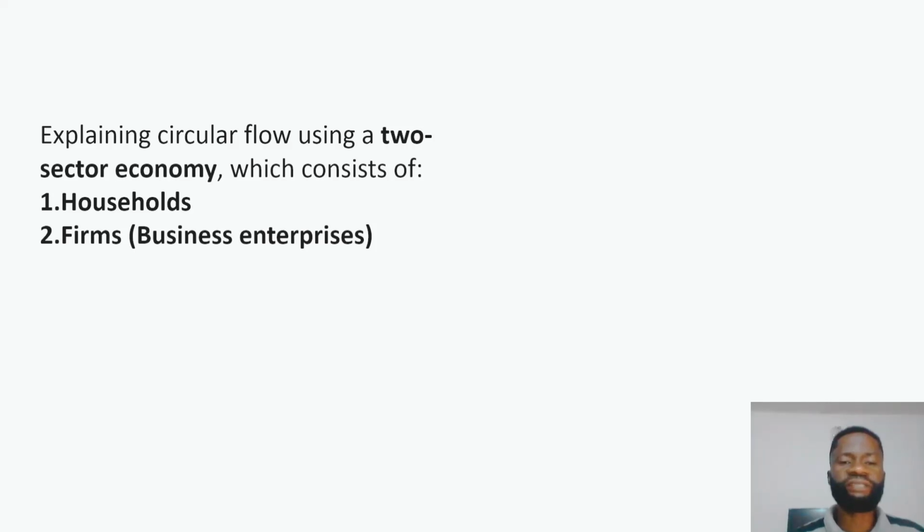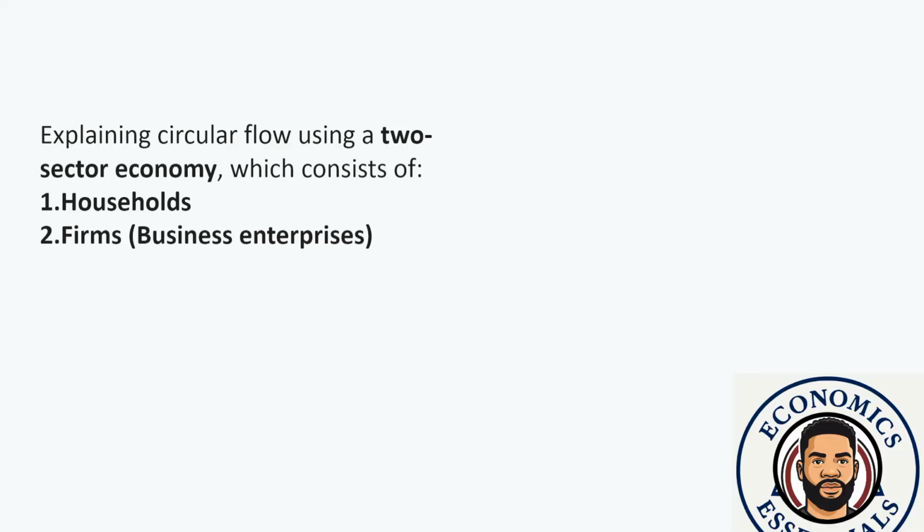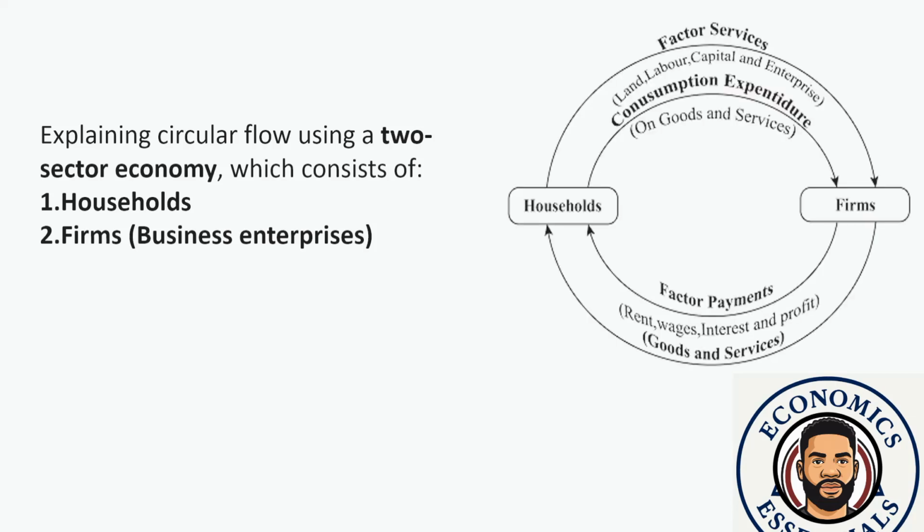Now, for easy understanding, economists first explain the circular flow of income using a two-sector economy. So they assume that there are only two sectors in an economy, that is the household and the business firm.